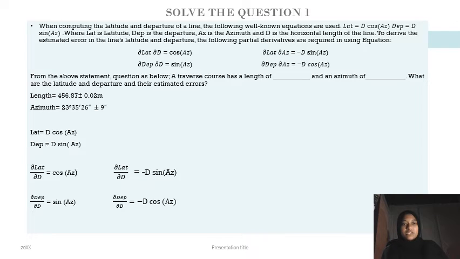For the azimuth equal to 23 degrees, 35 minutes and 26 seconds plus minus 9 seconds. Okay, lat equals d cos azimuth and dep equals d sin az.